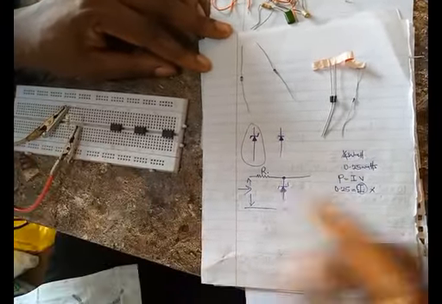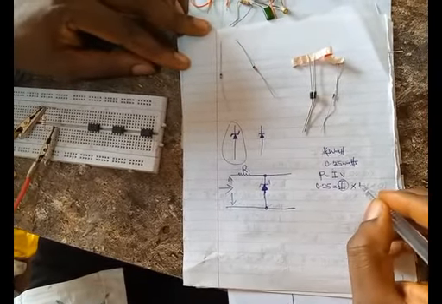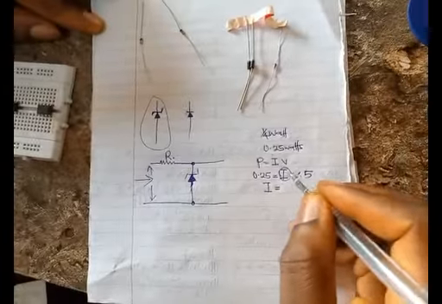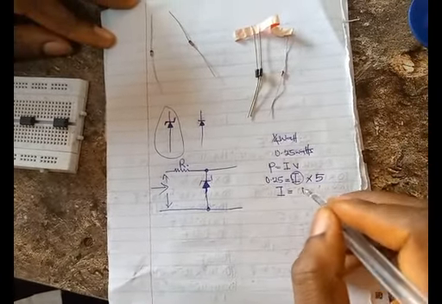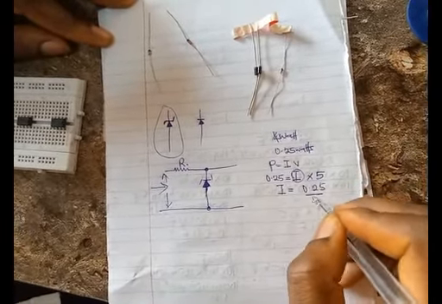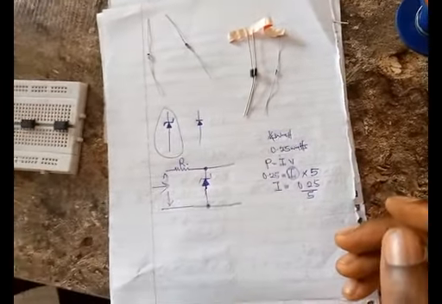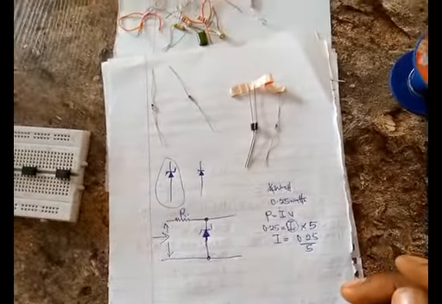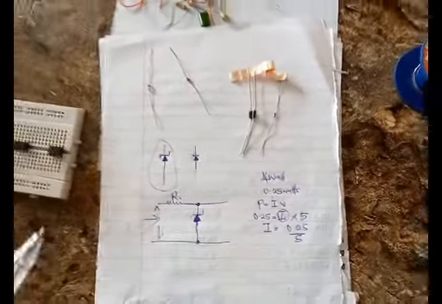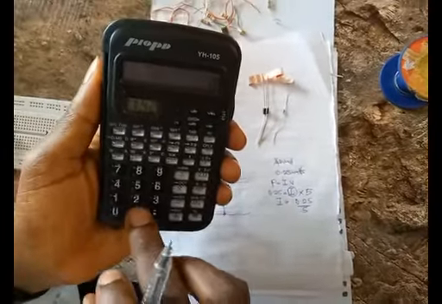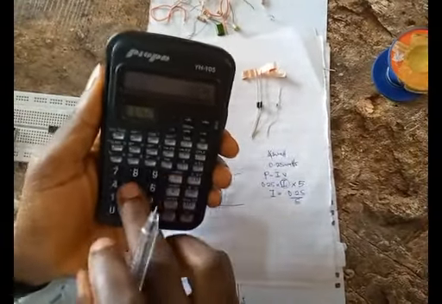Okay, now let's pick 5 volts, for example, times 5. So the current that guy can handle would be what? 0.25 divided by 5. What would that give us? Okay, so we get 0.25 divided by 5.